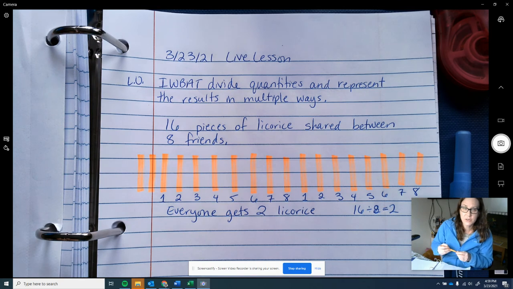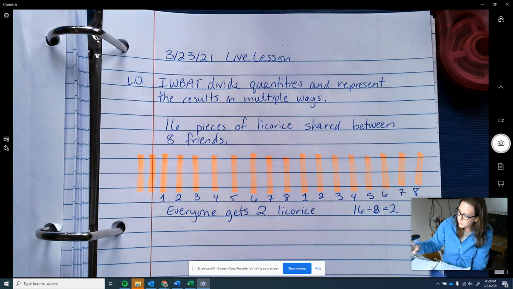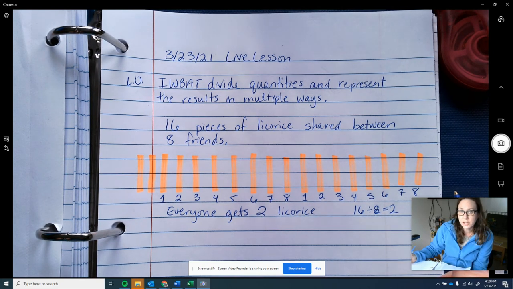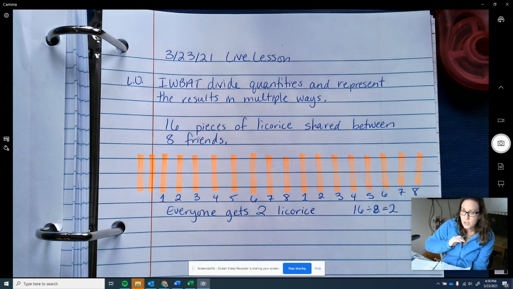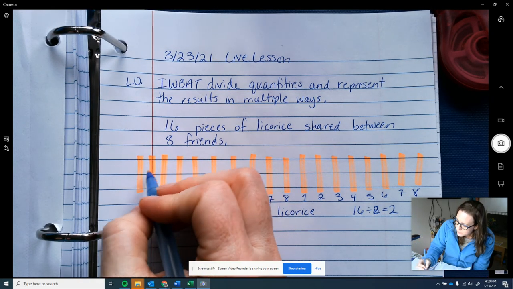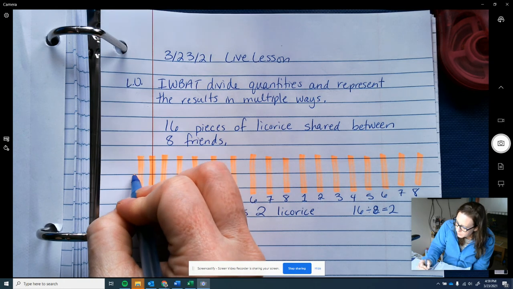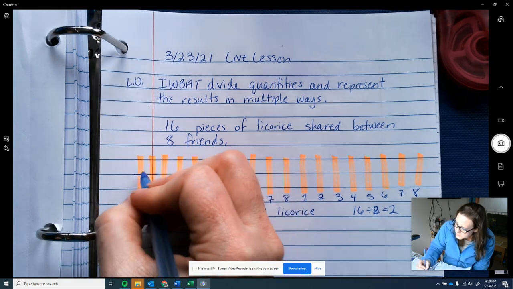2 more pieces of licorice? If we find 2 more pieces of licorice and we want to make sure we use all the licorice for the 8 people, we can take those 2 pieces of licorice and divide them into 8 pieces each.